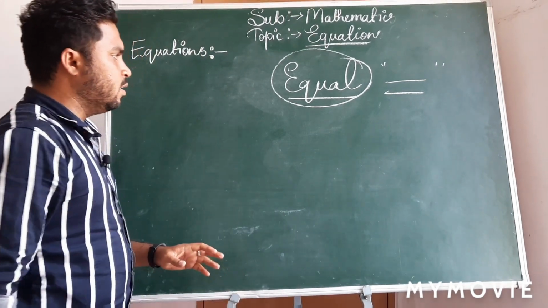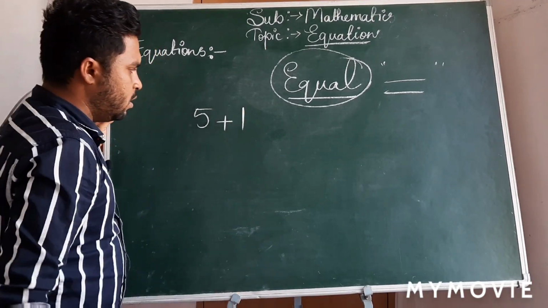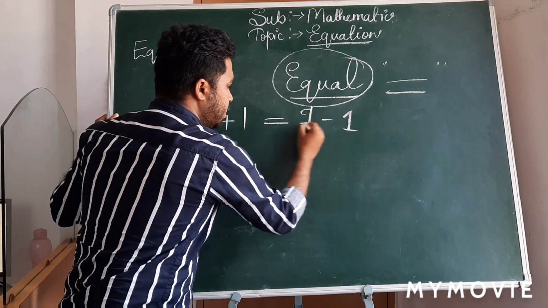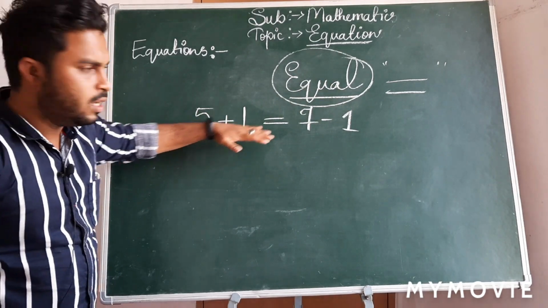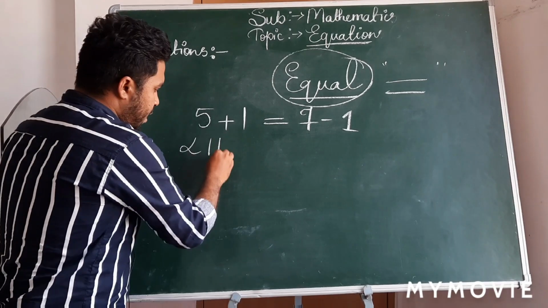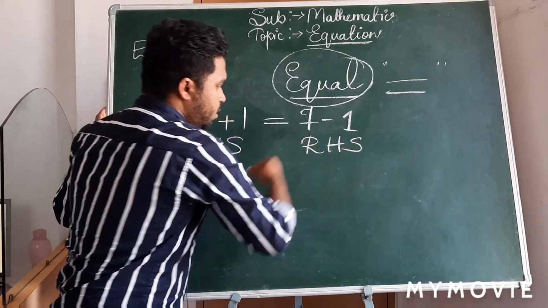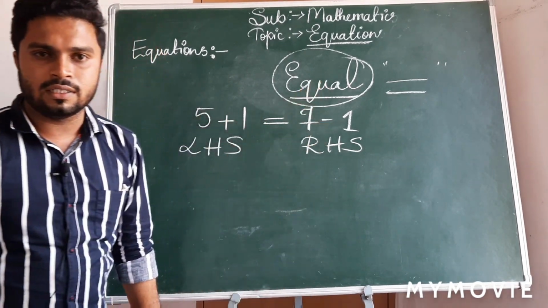For example, see here, 5 plus 1 is equal to 7 minus 1. You have two statements, one here and one here. We can take these as LHS and RHS, that means left hand side and right hand side.